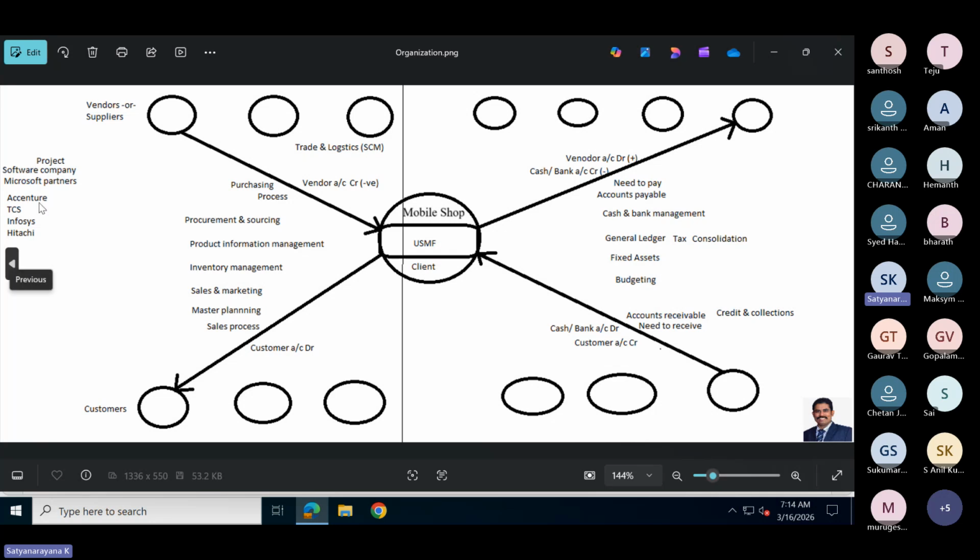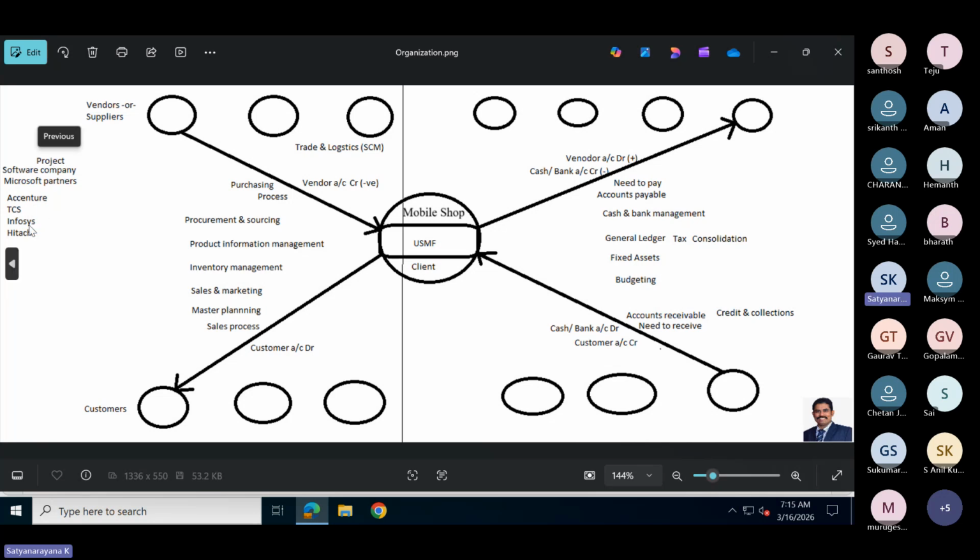That company may be Accenture, TCS, Infosys, Hitachi, Godrej, Sonata. There are so many companies in the market. Once you join a company, those software companies are also called Microsoft partner companies. Once you join the company, you are going to be allocated a project.